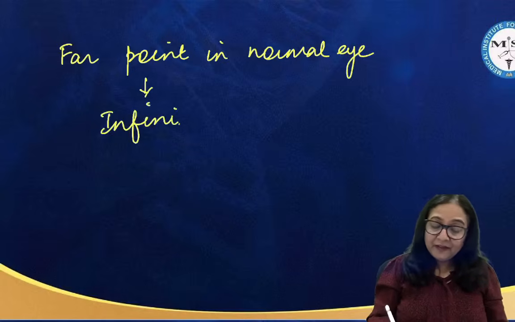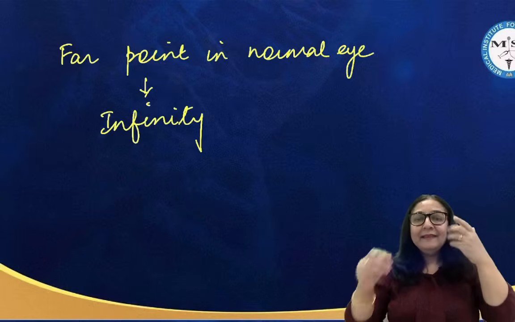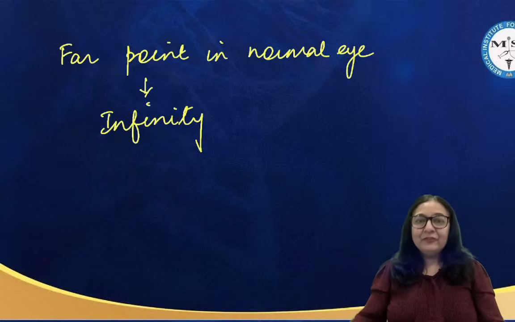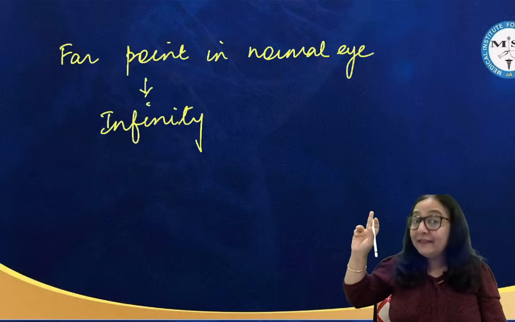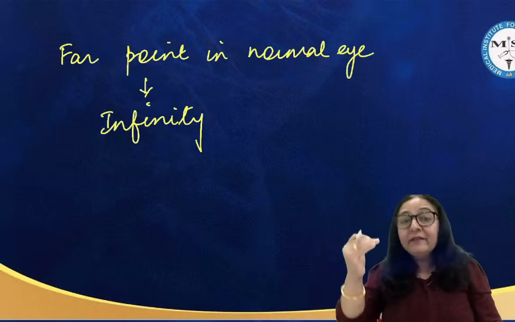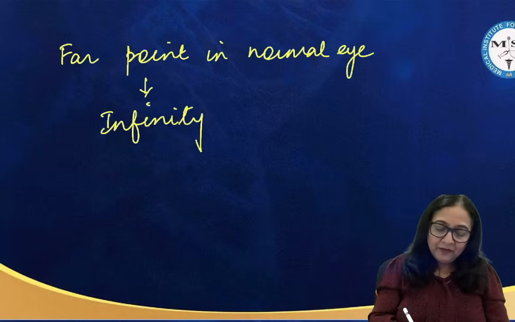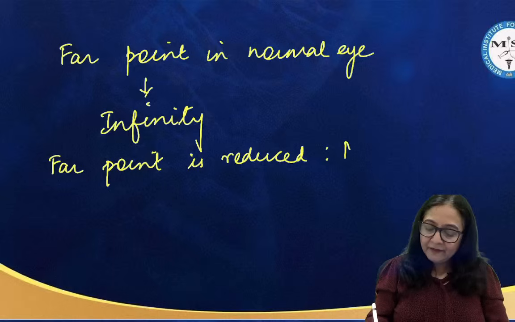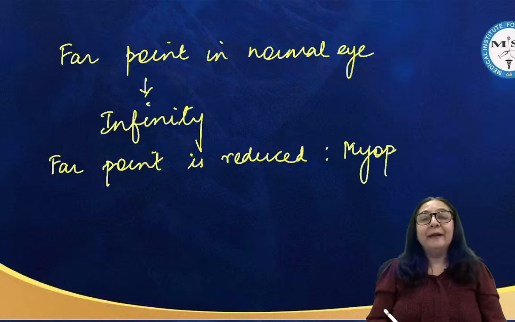If you do not have any refractive error, then without any glasses or contact lenses you can look at the stars. So the far point in the normal eye is infinity. If the far point is reduced, it means the person is not able to look at far or distance, then the refractive error is myopia.